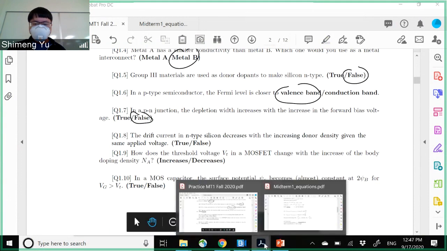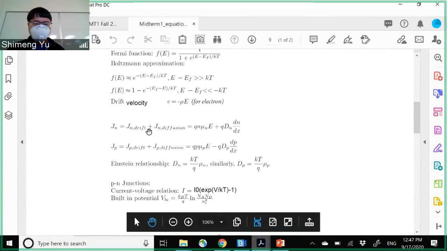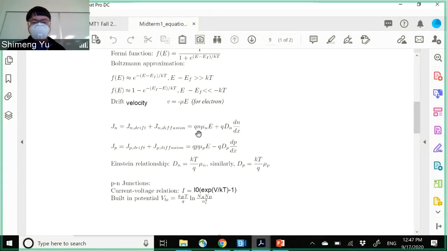So the drift current here, you see N-type, that is electron.